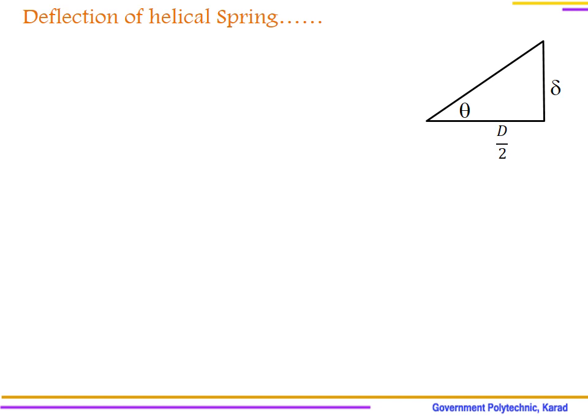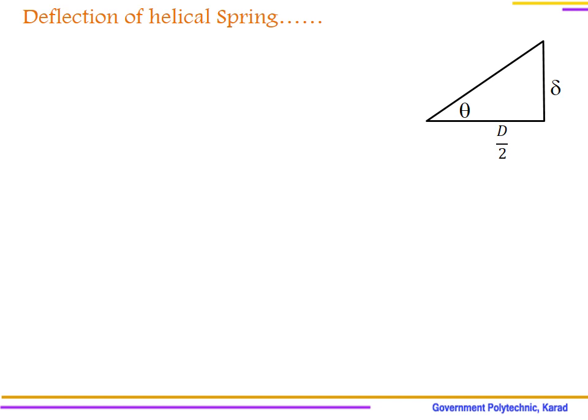When force is acting, this angle slowly reduces and tries to become horizontal. This is angle theta. When no load is acting, theta is the angle, and this is the distance between two turns. One turn is here and another turn is here, so it is delta.